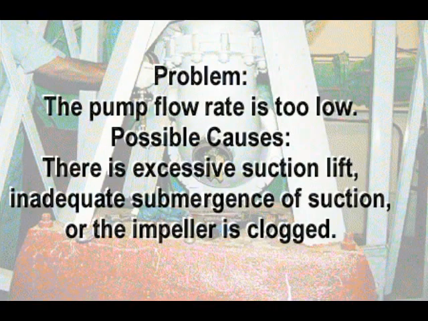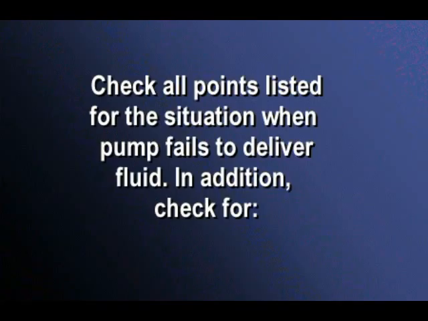Problem: the pump flow rate is too low. Possible causes: there is an excessive suction lift or inadequate submergence of suction. The impeller is clogged. Problem: pump capacity is below rating. Possible causes or remedies: check all of the points listed for the situation when a pump fails to deliver fluid.